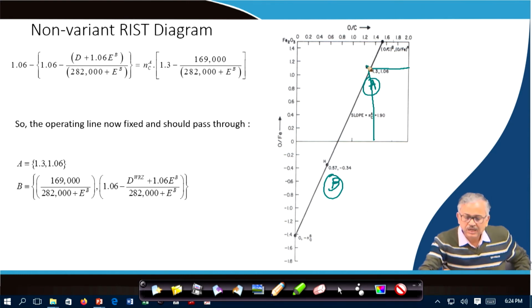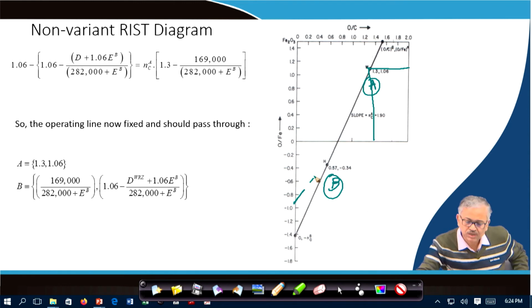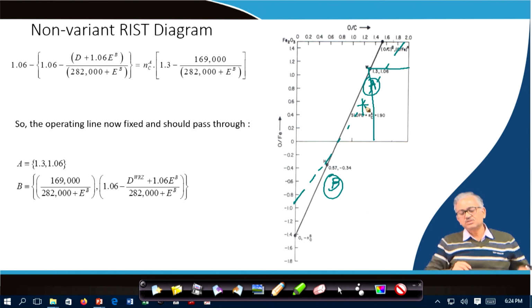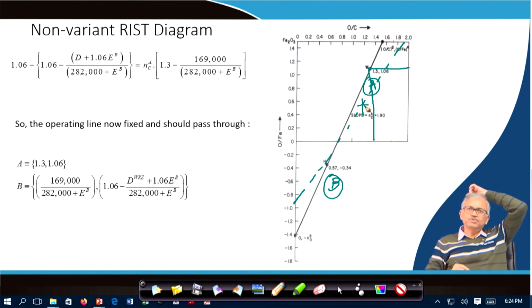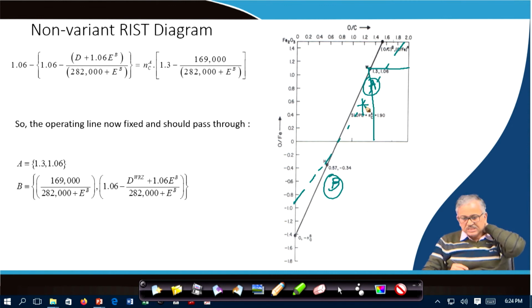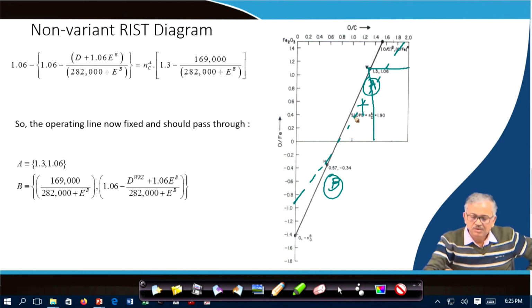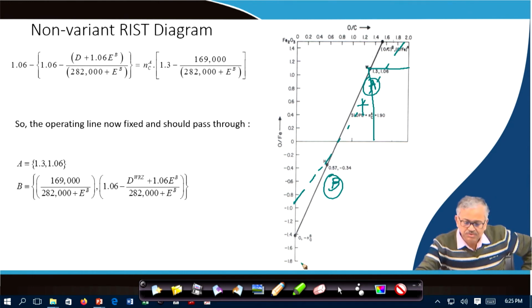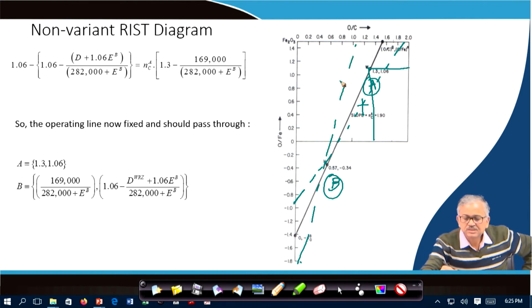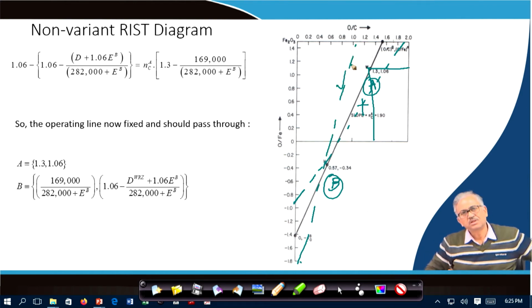So, the line can never go like this. If I want to draw a line like this, this is not a feasible line, because this line will not satisfy this equilibrium point of FeO equilibrium. Okay. But any line like this, if I can draw, is feasible, this is a possible line.